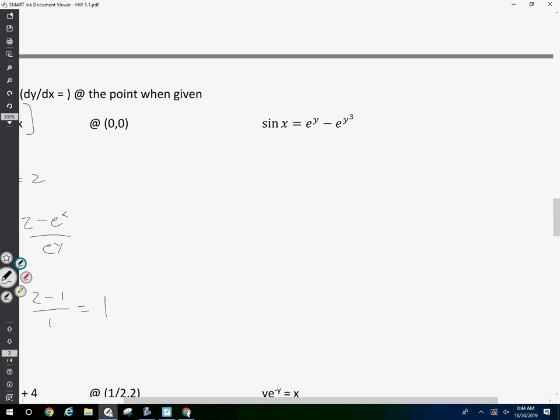Sine x e to the y minus e to the y cubed. Derivative of sine is cosine. e to the y would be e to the y times dy/dx. Derivative of e to the y cubed: just to confirm, the outside is e to the power, the inside is y cubed.